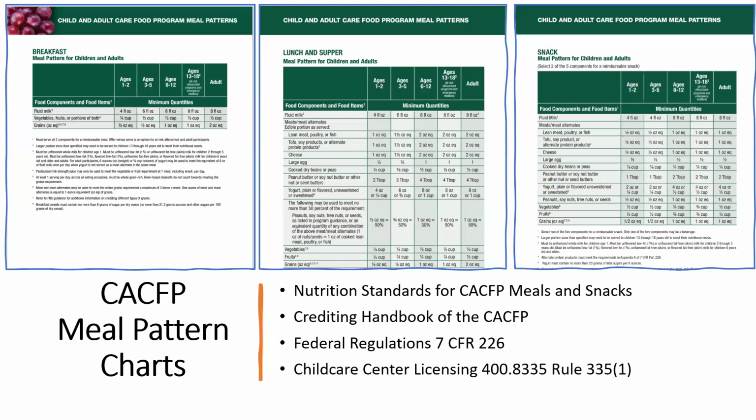It goes into a lot of detail, but I will be discussing them throughout this presentation as well. Keeping in mind that you must provide the minimum meal requirements of each of these components. But of course, an individual child or adult may choose to eat less or more if you do offer, say, family-style meal service.